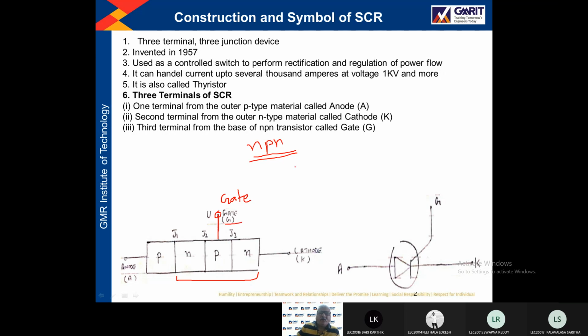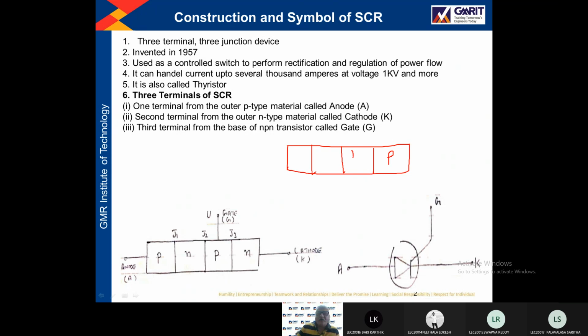Okay. So how to identify the terminals? Suppose this is an SCR, with P, N, P, N. First, the outermost N material: from here you take one terminal and this is your cathode.